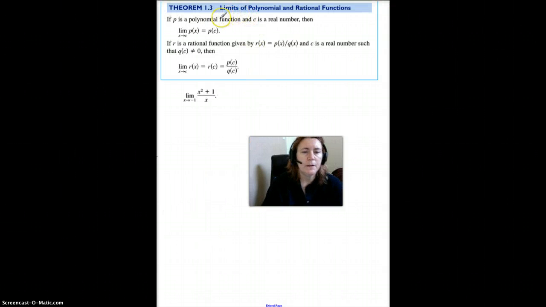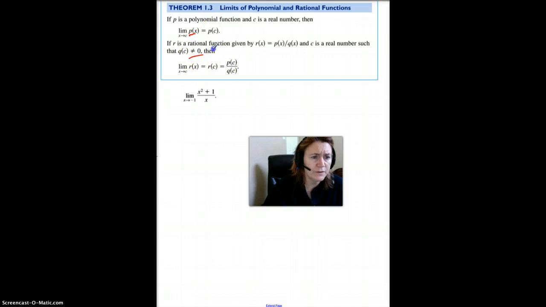Now, the limits of polynomials and rational functions are one step beyond what we just did. If p is a polynomial function and c is a real number, then the limit as x approaches c of p of x is just p evaluated at c. You shouldn't have any singularities on polynomial functions.